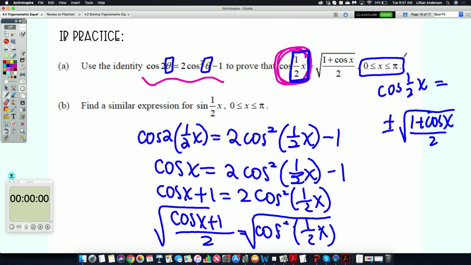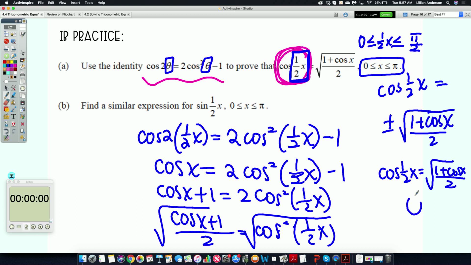It's a 1/2 x. So that means this domain is going to be affected by the fact that there's a 1/2 there, which means that it's going to be from 0, because you take 1/2 of 0, it's still 0. But this one's going to become a pi over 2. And cosine in the first quadrant is what? Positive. So cosine 1/2 x is equal to a positive square root of 1 plus cosine x over 2.